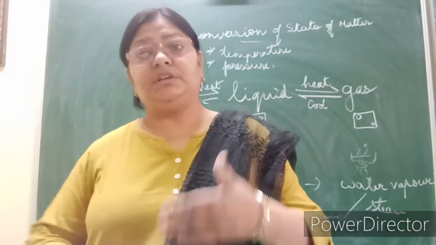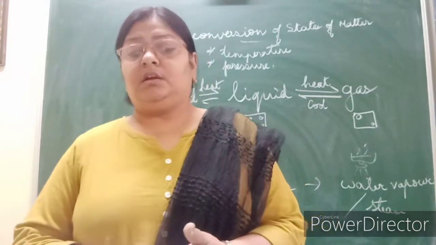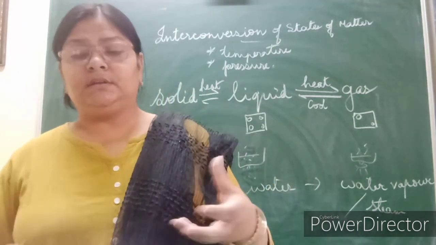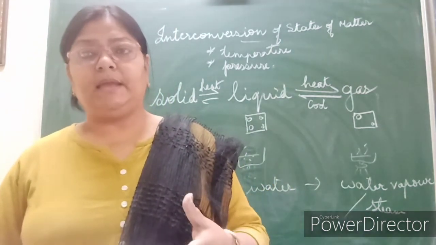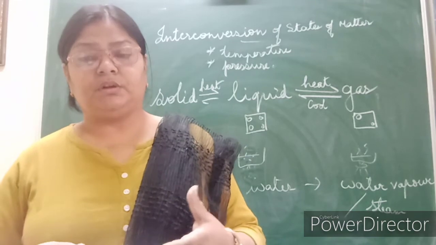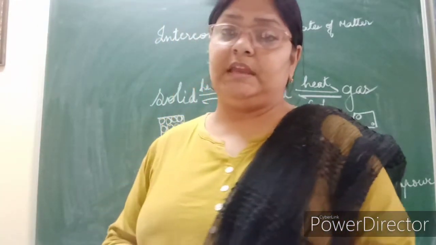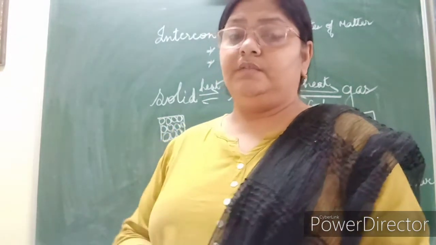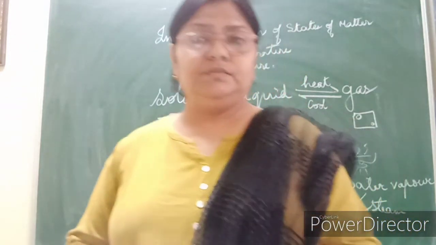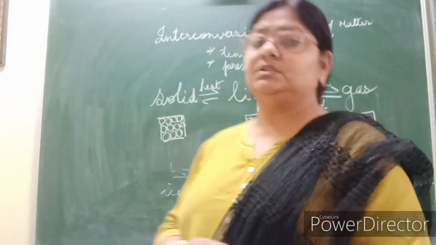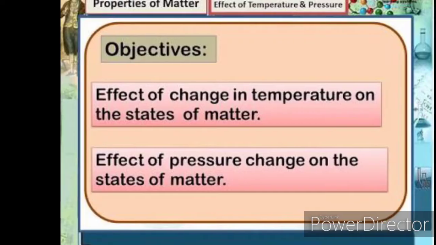A gas can change into its liquid state and then into solid by cooling it and by increasing its pressure. By increasing the pressure of certain substances, we gain liquid hydrogen and liquid oxygen, which are very useful for different purposes. So these are two factors because of which interconversion may occur.